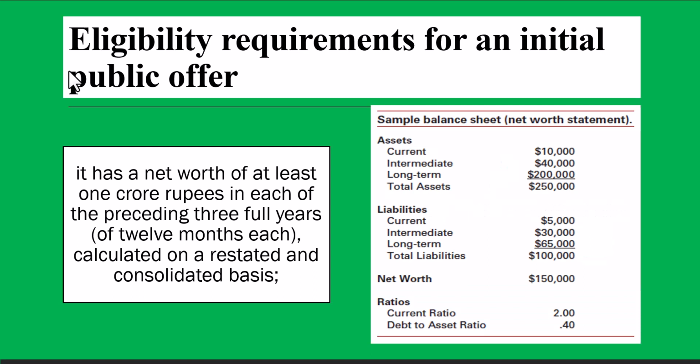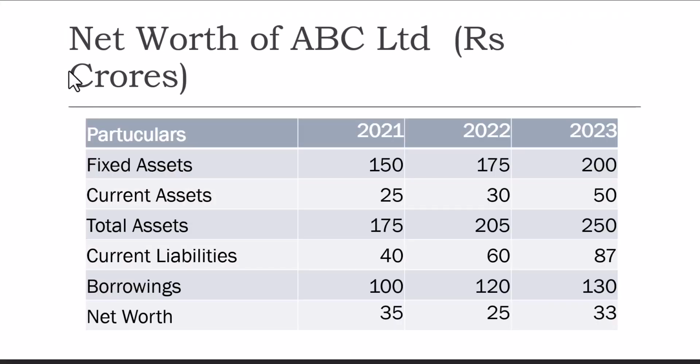Now, net worth is basically the assets minus liabilities. If you look at this example of the same company, ABC, it has fixed assets, current assets, total assets, it has liabilities, some borrowings, and the net worth at the bottom. So that means your total assets minus your total liabilities. It comes to 35 crores in the first year.